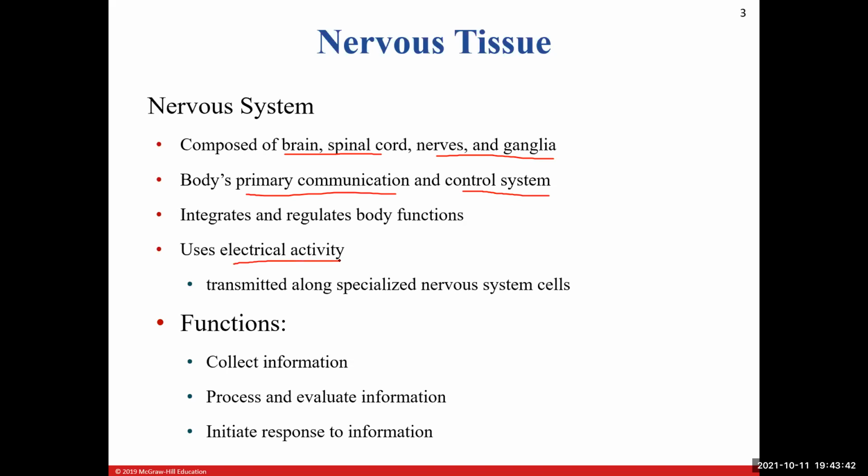We have our neurons, which we'll talk about in lecture. We're going to see how these neurons utilize electrical activity to integrate and regulate the functions of our body. It does so using that homeostatic mechanism: collecting information, processing and evaluating that information, then initiating a response to that information through the effectors.